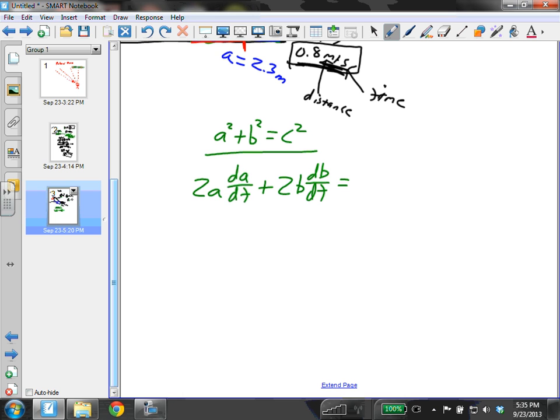Take the derivative of c squared with respect to time, and you will get 2c times the change in c with respect to the change in time.